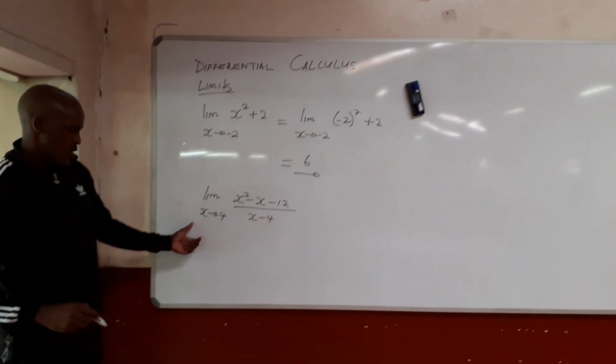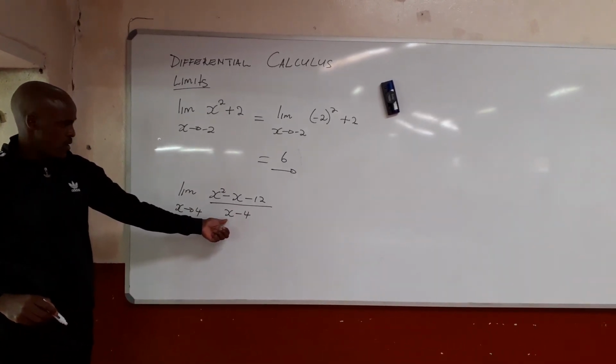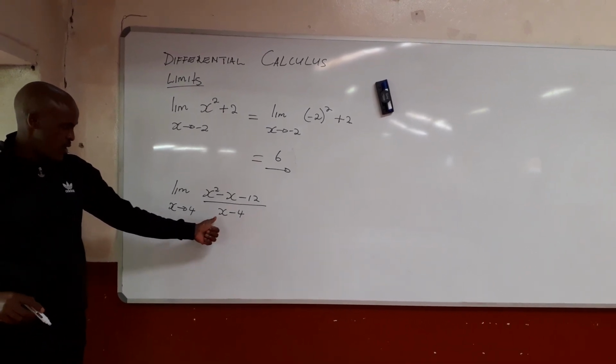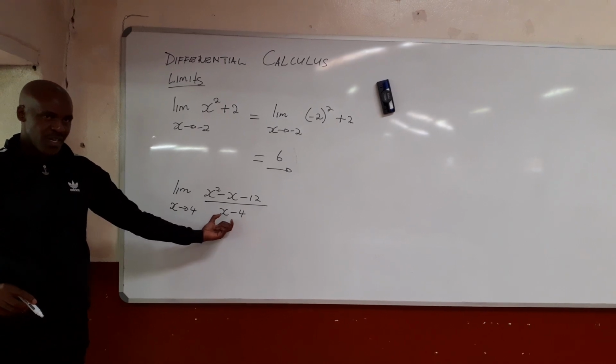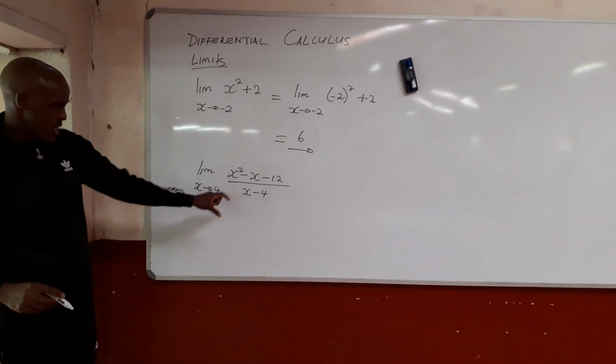In this case, you can't just substitute by 4 here, because substituting by 4 will give us 0 in the denominator. Any number divided by 0 is undefined, so it doesn't exist.